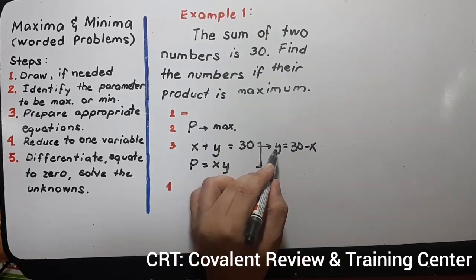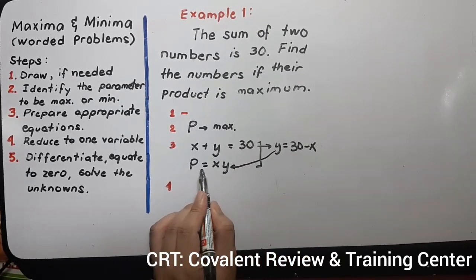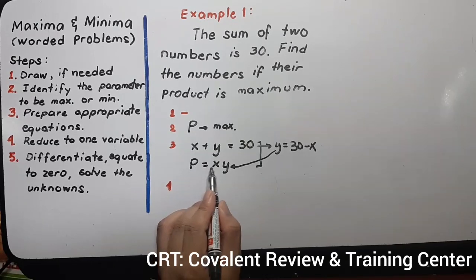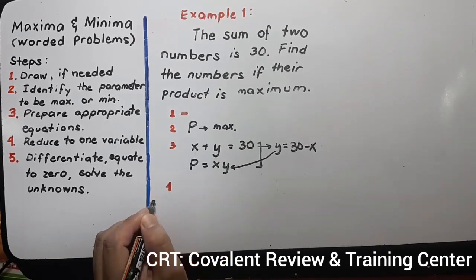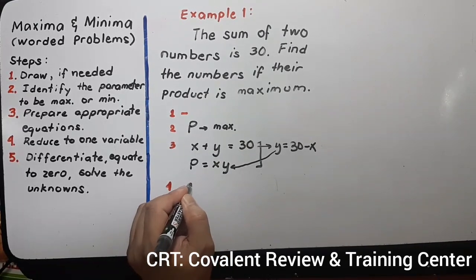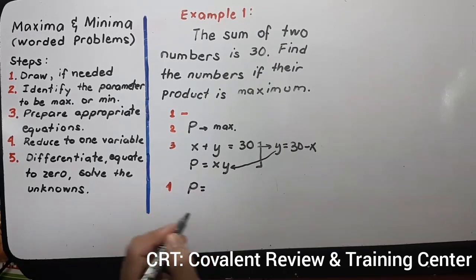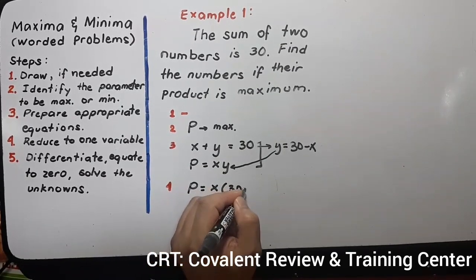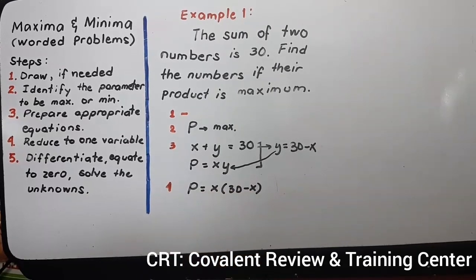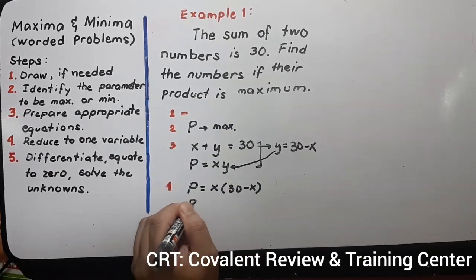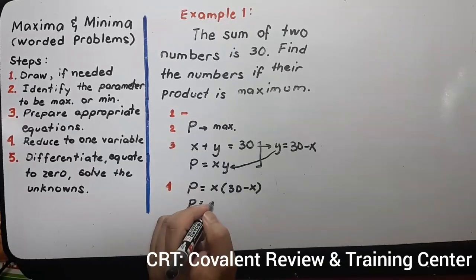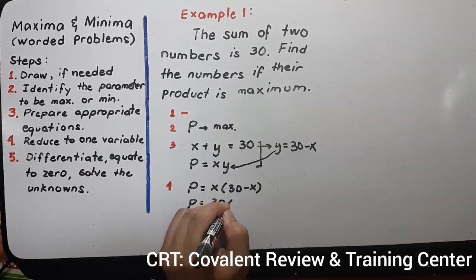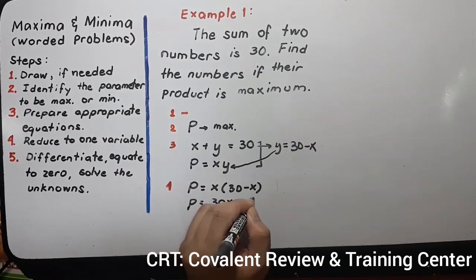Then substitute y in the equation p equals xy. Therefore, step 4 gives p equals x times 30 minus x, and this is also equivalent to 30x minus x squared.